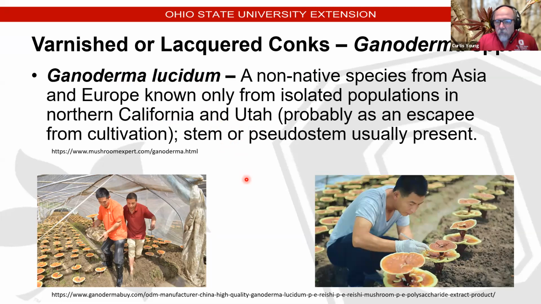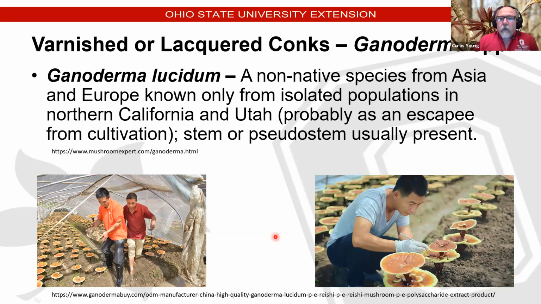In Asia, China, Japan, Korea, etc., Ganoderma lucidum is used extensively in traditional folk medicine. And that's why it's cultivated extensively there. They grind it up and make tea out of it. And that tea is supposed to have all kinds of medicinal purposes.